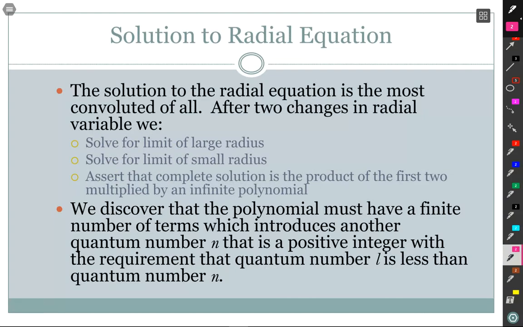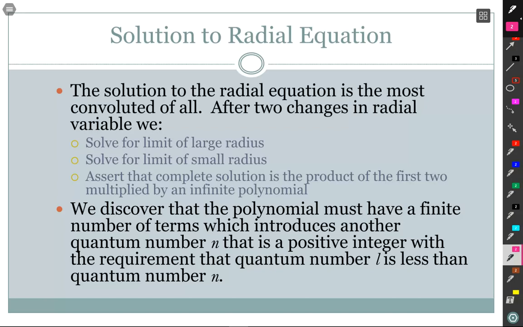We relied on others. Likewise, for the radial function, we first found the limit for large radius, then we found the limit for small radius, then we used a Taylor series of infinite polynomial for the in-between. We found a relationship between the coefficients of those polynomials, and then we put in a rule that said this series has to terminate or else we won't have a normalizable function.